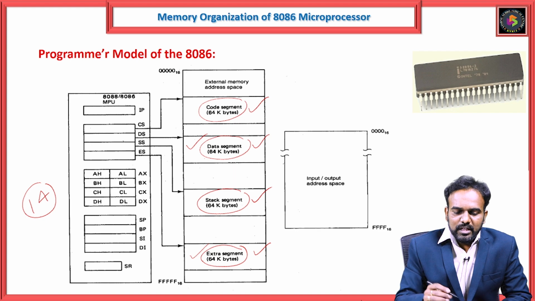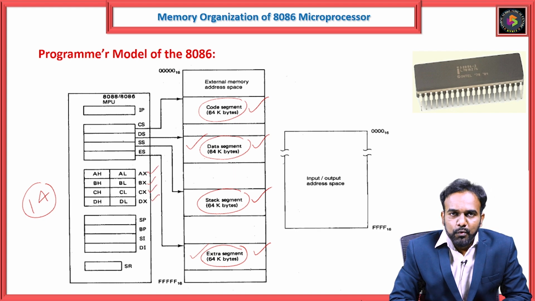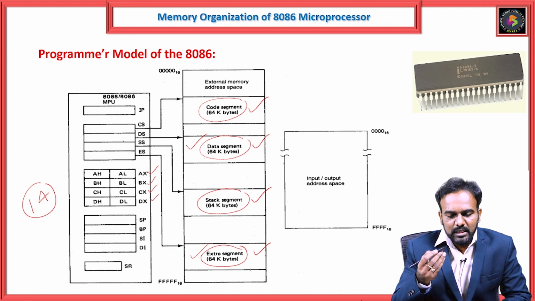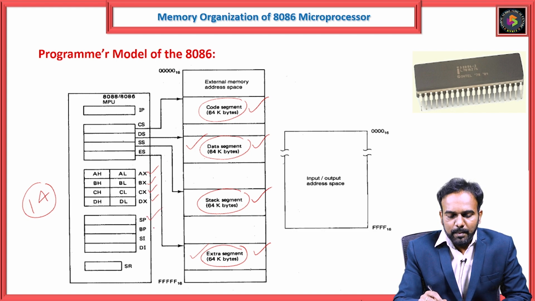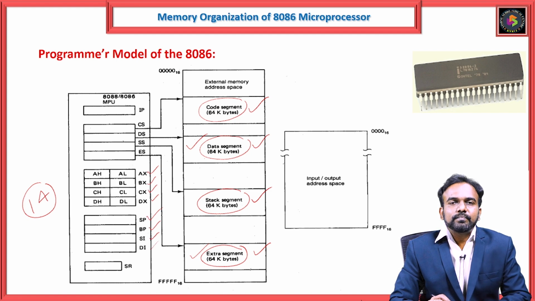Here AX, BX, CX, DX are the 4 general purpose registers. AX is the accumulator, BX is the base register, CX is the counter register, and DX is the data register. And among the pointer and index registers, SP is the stack pointer, BP is the base pointer, SI is the source index, and DI is the destination index.